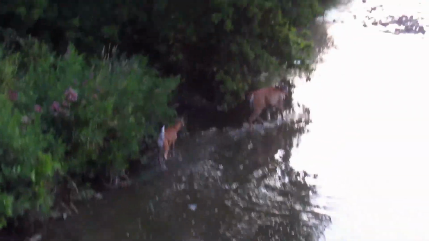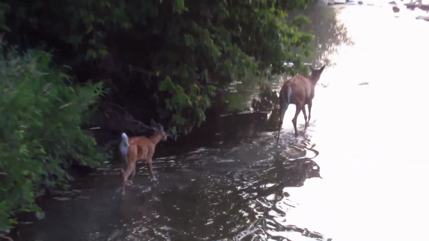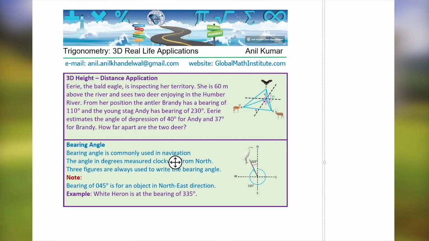From her position, the antler Brandy has a bearing of 110 degrees and the young stag Andy has a bearing of 230 degrees. Eerie estimates the angle of depression of 40 degrees for Andy and 37 degrees for Brandy. How far apart are the two deer? That's the question for you. Can you solve it? Make an attempt.